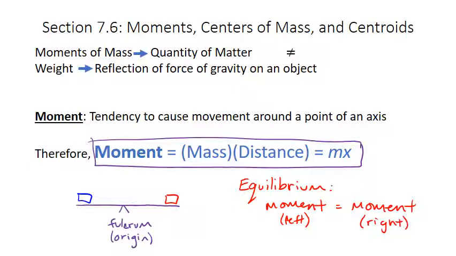So essentially what this means is mass 1 times distance 1 is equal to mass 2 times distance 2. And that's what we'll be working with. There is a table of commonly used measurements of mass and force with their conversions in the text, so you might want to check that out.